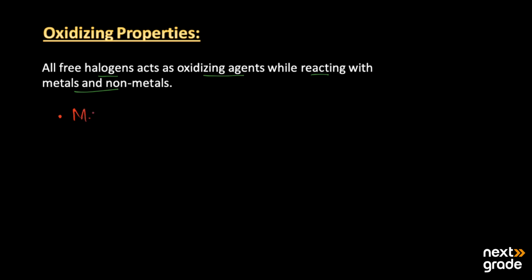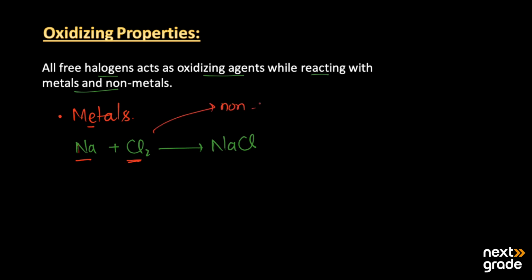If they react with a metal like Na, sodium, while reacting with chlorine it produces the compound NaCl. The positive part comes from the metal and the negative part comes from the chlorine, which is a non-metal. The product formed is sodium chloride, which is called a simple salt.